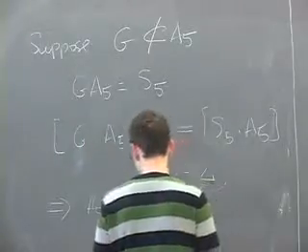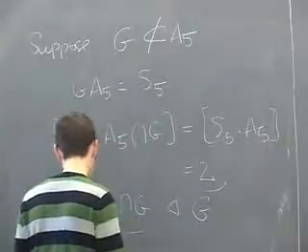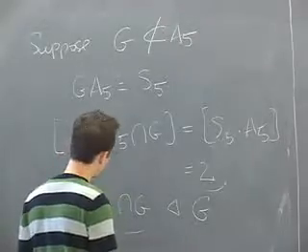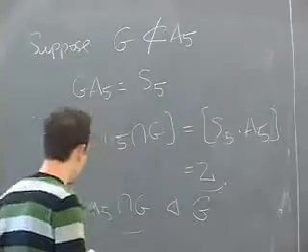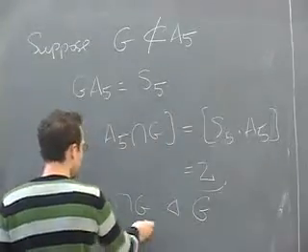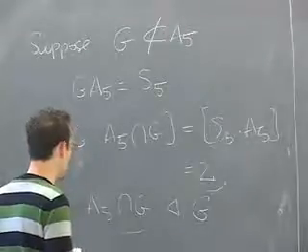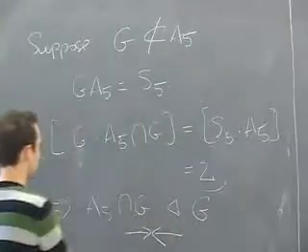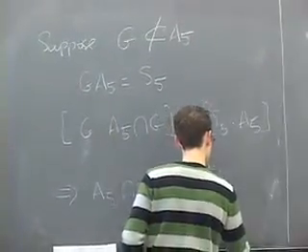Well, this is pretty important, right? Because what do we know about G? Well, by hypothesis, it was simple. This thing is a non-trivial proper subgroup. This is a contradiction to simplicity.